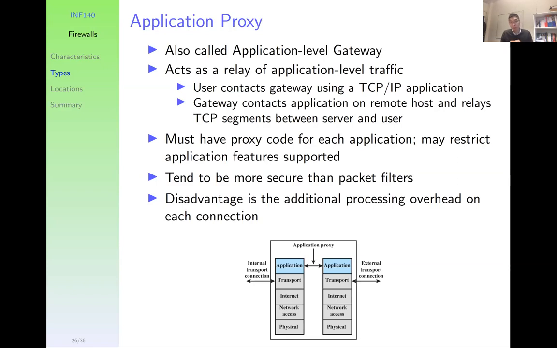But it has a significant processing overhead on each connection, because previously the communication was just from the client to the server and the server back to the client. But now with this middleman in between, the communication overhead is quite significant. So this is the application proxy firewall.